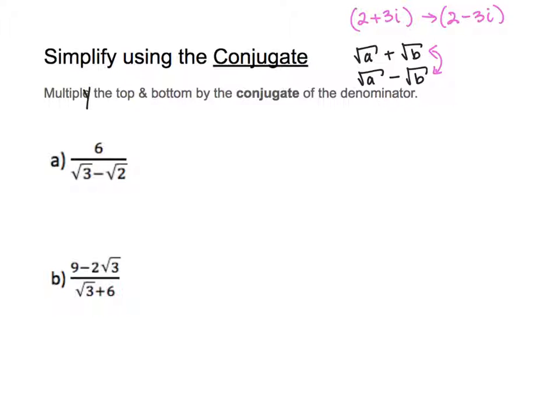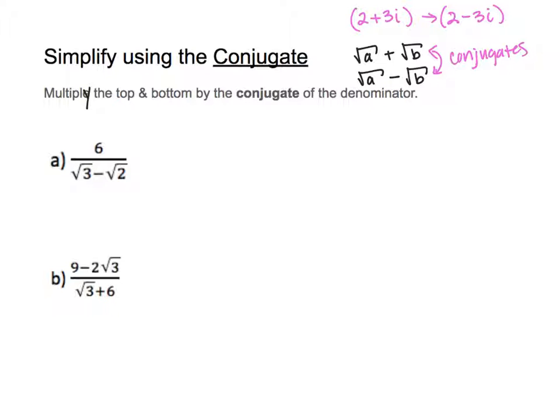So these two are conjugates of each other, okay? And so we need to find the conjugate of the denominator, because if you remember what happened in the bell work, when we multiply something by its conjugate, the radicals or the roots cancel, right? So then we don't have to worry about roots anymore.